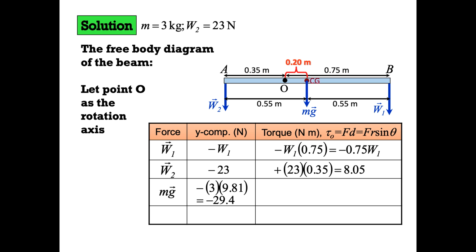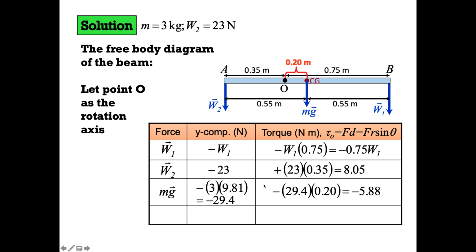For torque, torque is F cross D. We have the force 29.4 and the distance of the force to the axis of rotation is 0.2, because 0.55 minus 0.35 gives 0.2 meter.